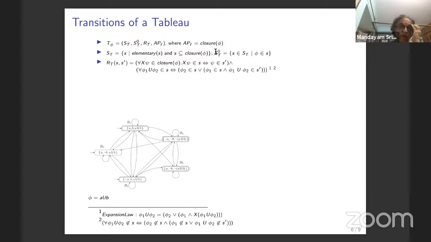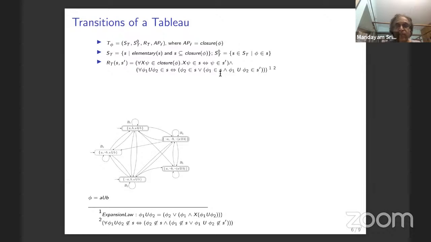This is the tableau. I'm illustrating the formal definition using the example of A until B. Maybe I will illustrate this transition: A until B. There has to be a transition to the next state.